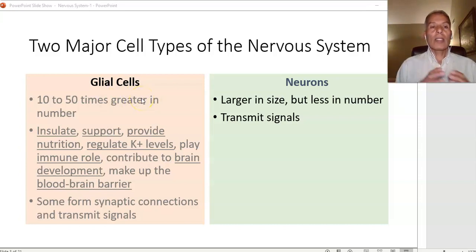So the glial cells, there are many different kinds of them, and they have a tremendous number of functions. Without the glial cells, the nervous system cannot work. The neurons cannot function. So for every one neuron, there are about 10 to 50 glial cells.